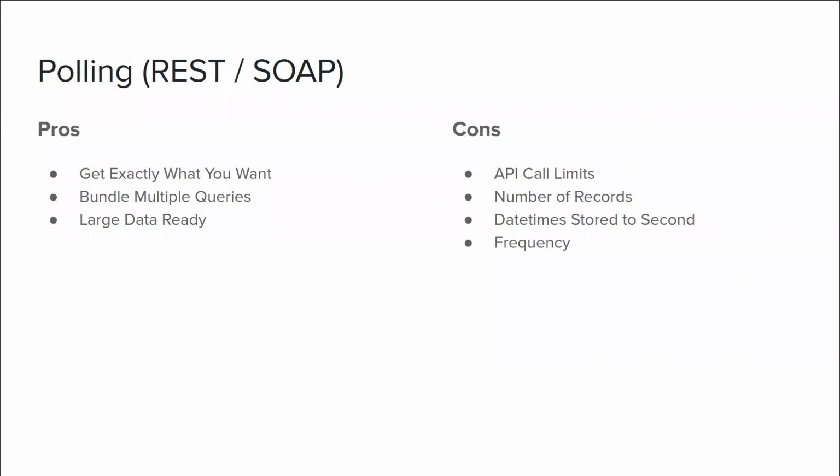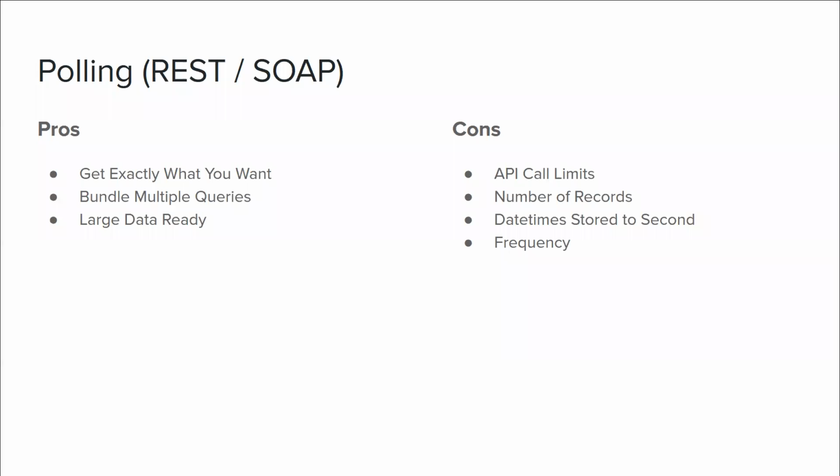There are ways to work around this. You can write a trigger that writes down the milliseconds and then make that part of your query. You can just live with it and know that, hey, if I did a 10,000 record update, I should probably do something different to get my data and update it in my external system. So just keep that in mind if you're writing polling.